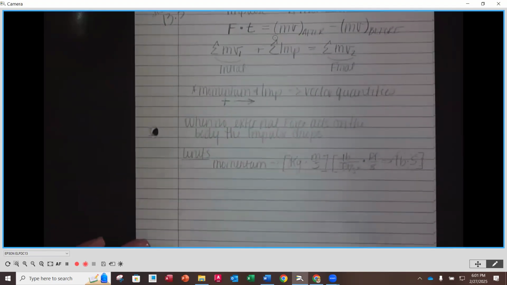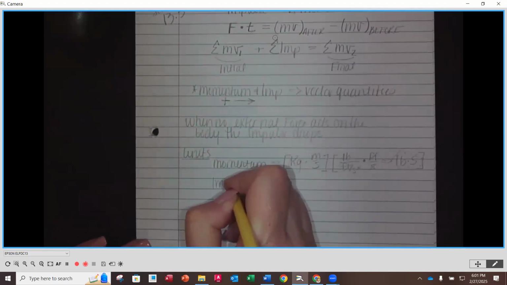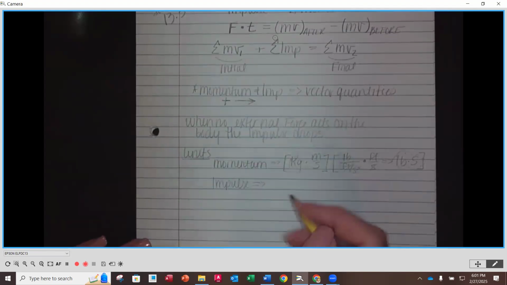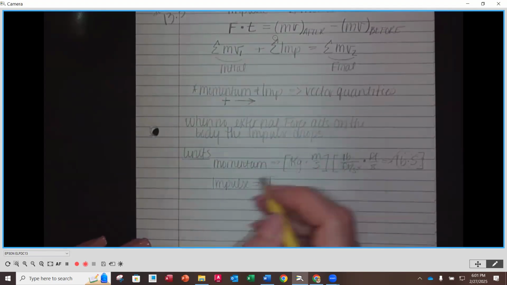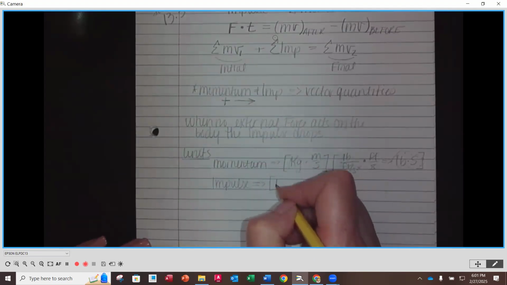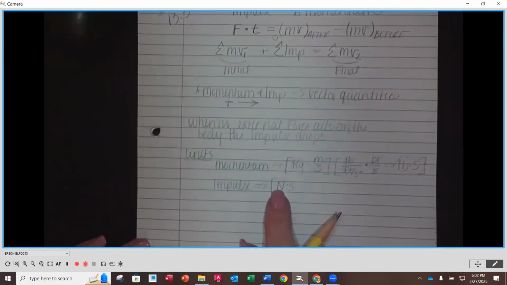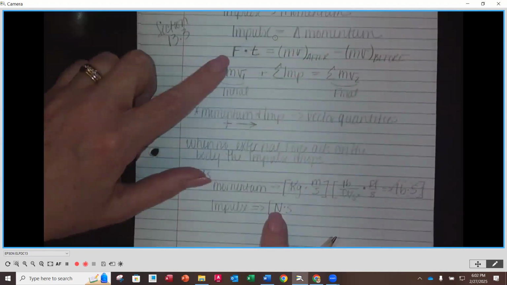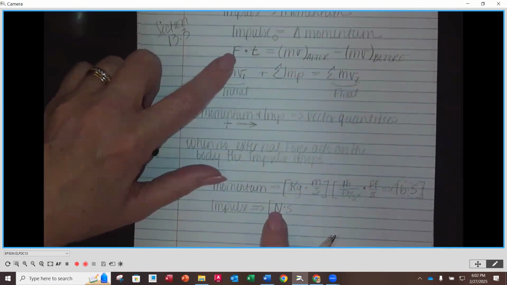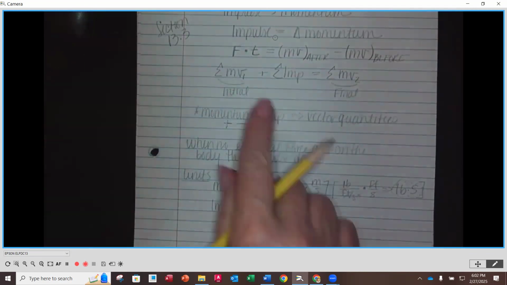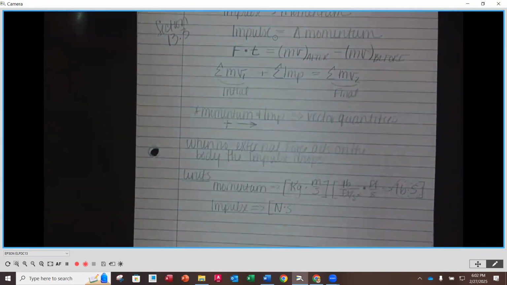Now for impulse. Okay. Impulse, the units in the SI system are going to be newtons times seconds, because impulse, as we know, is force times time. So newtons times seconds. Now, for it to be added to momentum, it has to have the same units.